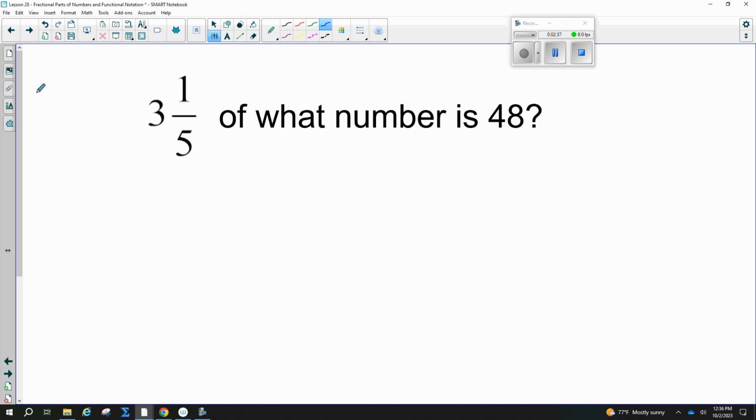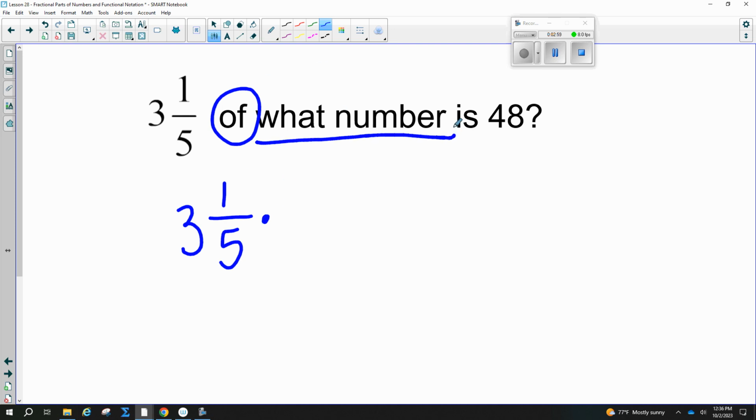3 1/5 of what number is 48? So I'm going to rewrite 3 1/5. And then Ava, what should I always write down for the word of? Yep. And then I've got what number? And Kira, what should I write down for what number?